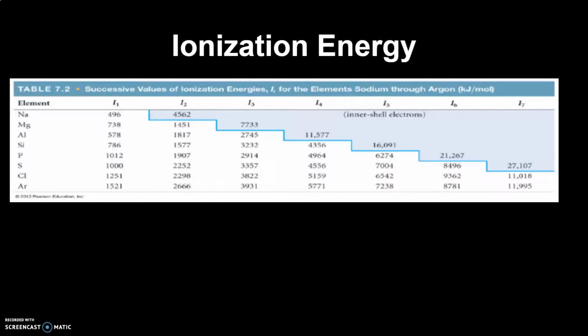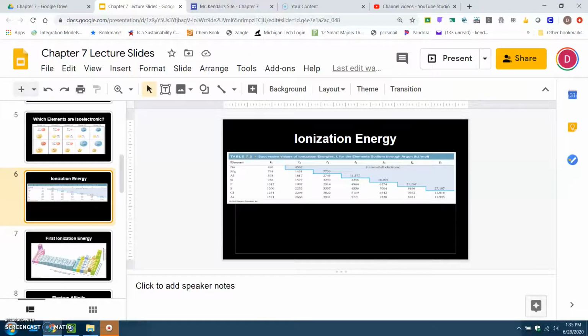Magnesium, you have this value and then this one, and then a huge jump. Why? Same thing for aluminum. 1, 2, 3. We're just looking at these trends. They're all increasing, I get that. But when you take this next electron away, as they're indicating here, it's a very large jump. And we're trying to figure out why that is. So let's bounce back over to our notes.